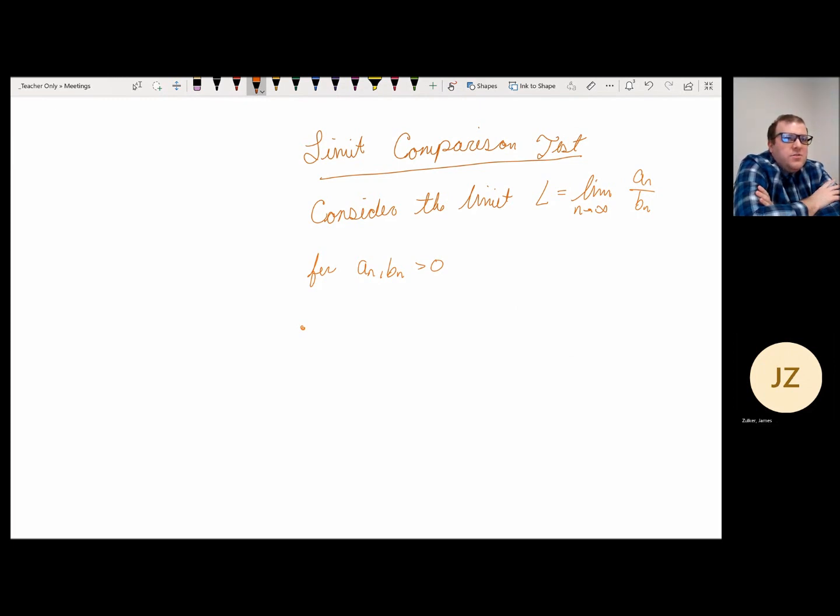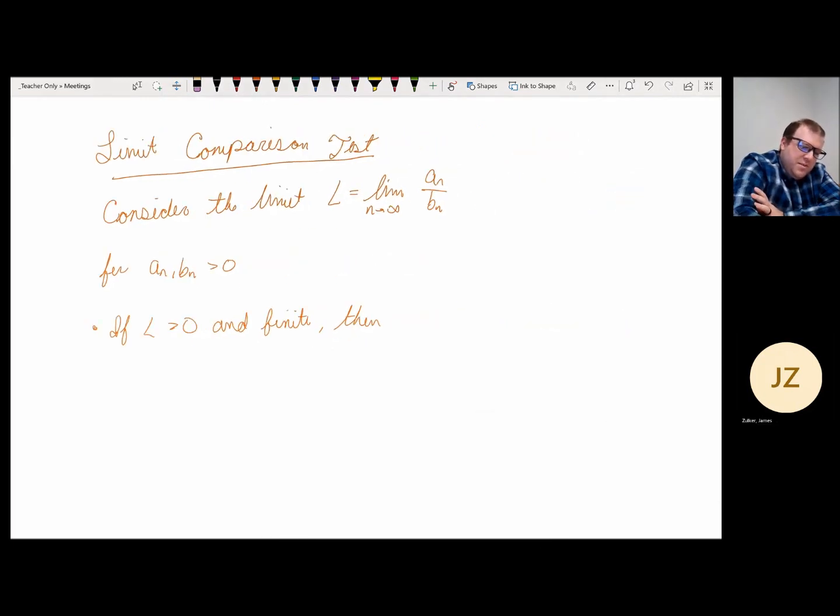There are 3 outcomes. If L is greater than 0, and I need to specify finite, then a sub n converges if and only if b sub n converges.